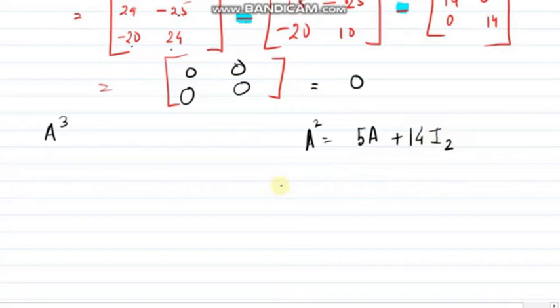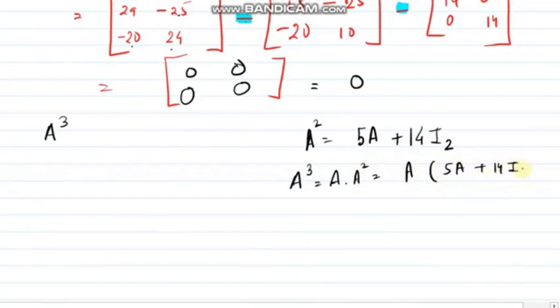So, what will be your A cube? A cube is A into A squared, that is A into 5A plus 14I2, right? So, this will be 5A squared plus 14, what is A into I2? That will remain as A.